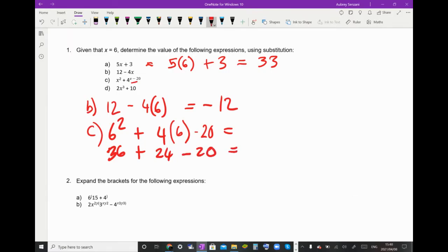So 36 plus 24 is going to give you 60, and then minus 20 should then give you 40. I don't know what the calculator is doing that's making us not get the right answer there. But your final answer should be 40.